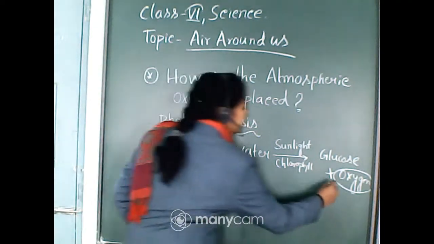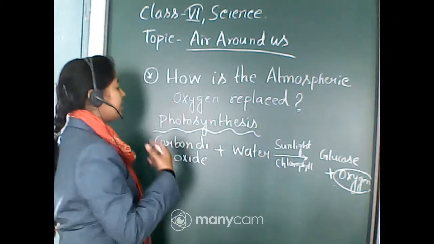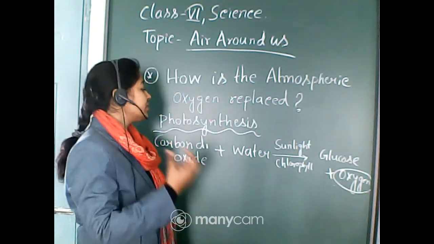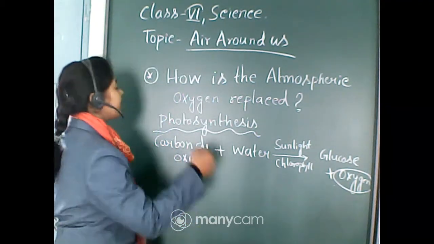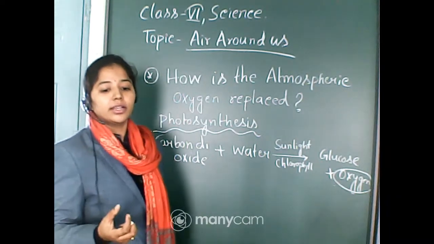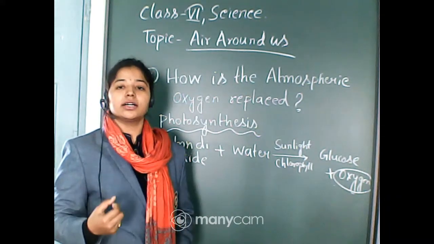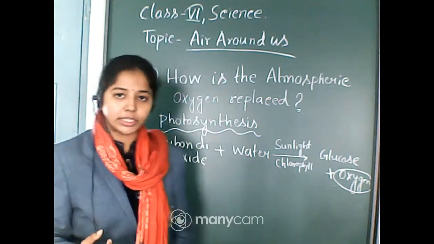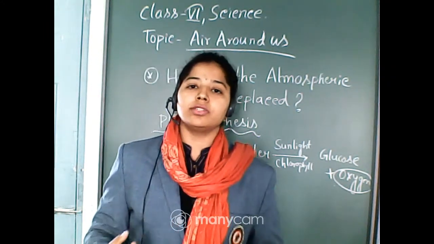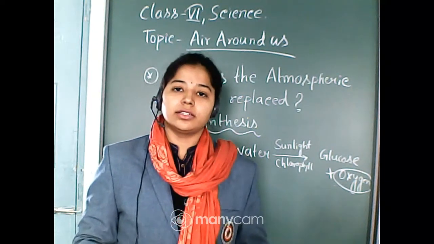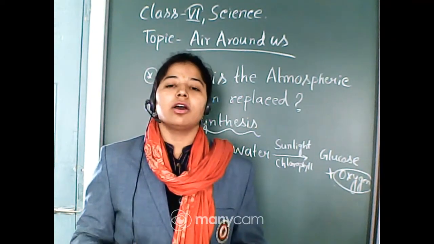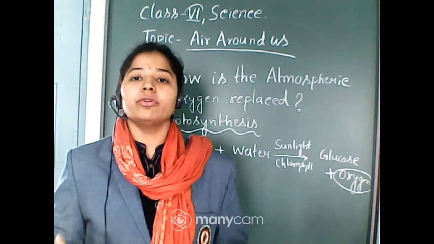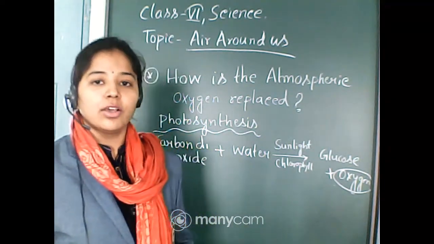Now this photosynthetic oxygen, the oxygen produced during photosynthesis, is always more than the oxygen they utilize for their respiration. So you have to remember this point: the amount of oxygen that they require is always less than the amount of oxygen they produce during photosynthesis.